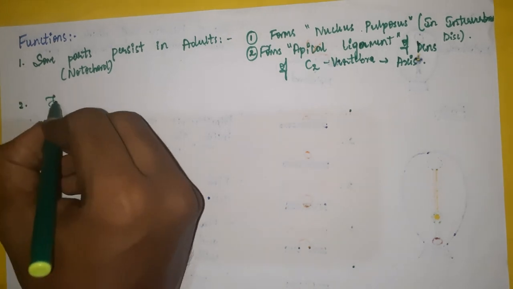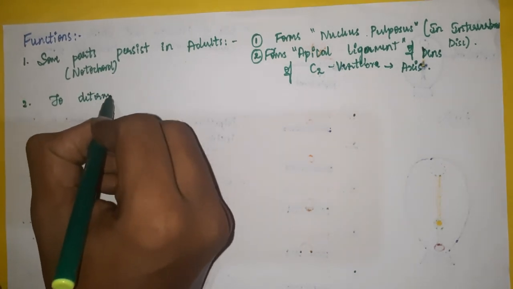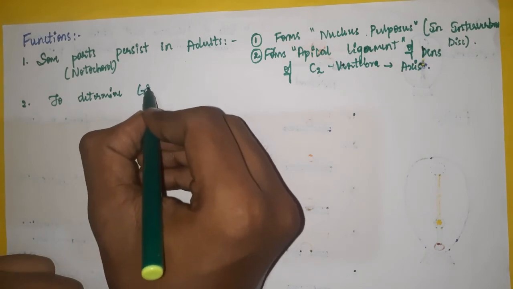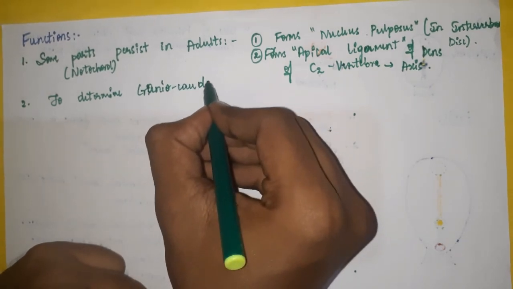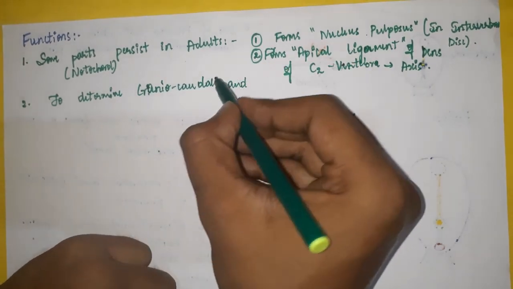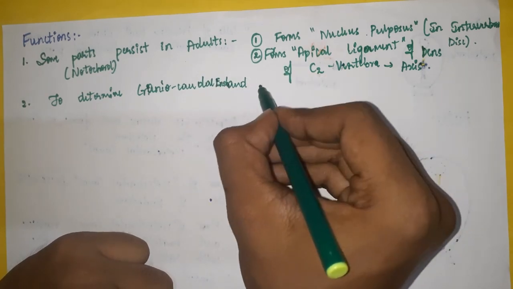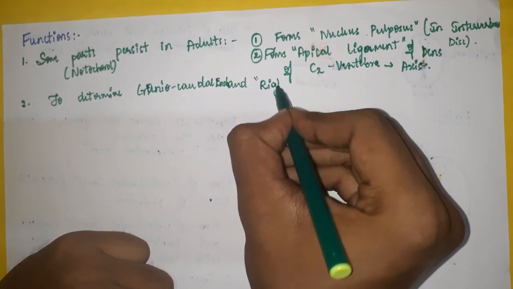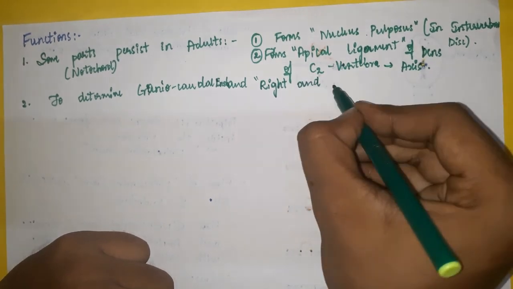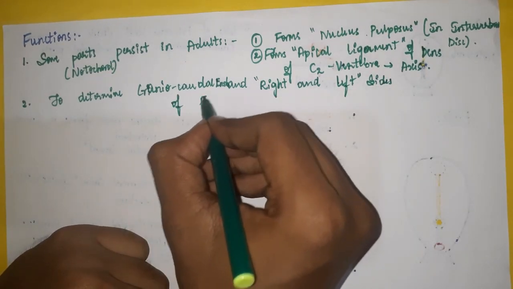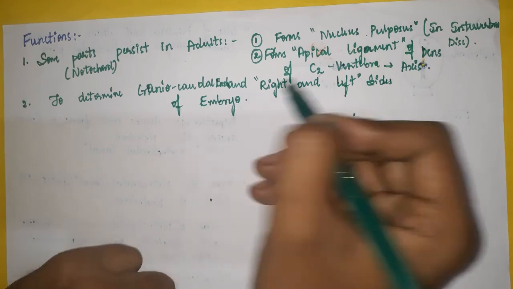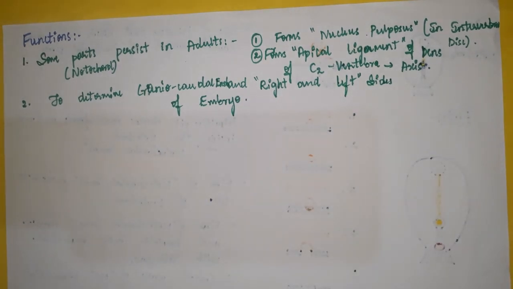Okay, to determine craniocaudal ends and right and left sides of embryo. Okay, as I said before, in animals like Amphioxus, the notochord persists in adults also as central axis of body.